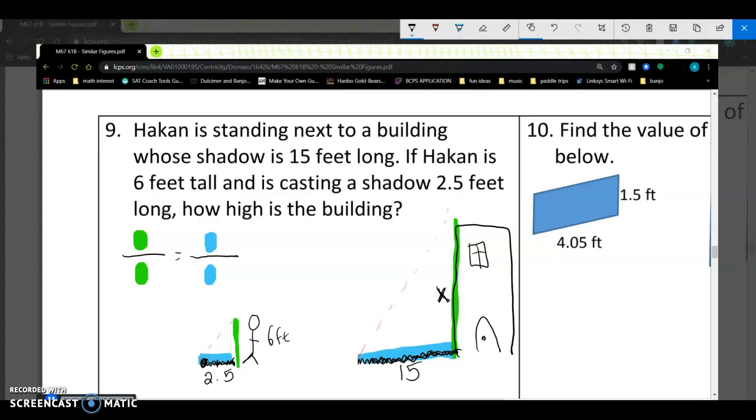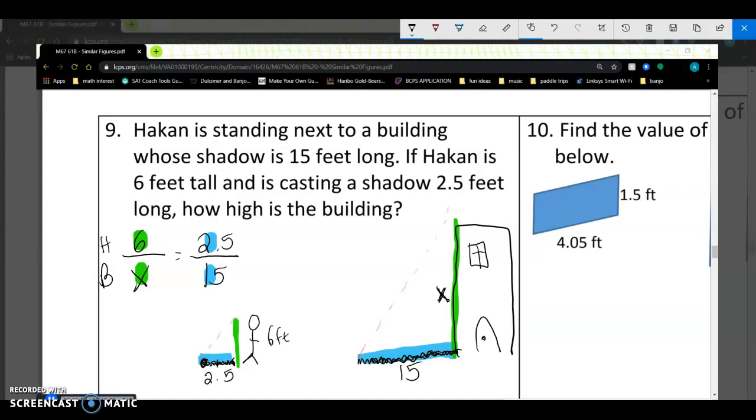And you guys know I like to label. I'm going to do Haken on the top and building on the bottom. So Haken green is 6. The building green is x. For this we have 2.5, Haken's shadow, and then the shadow here is 15.